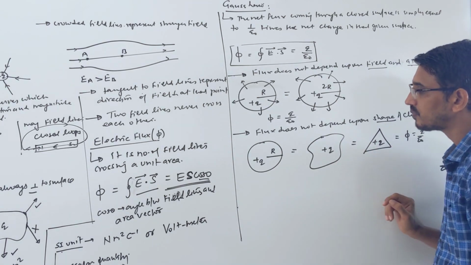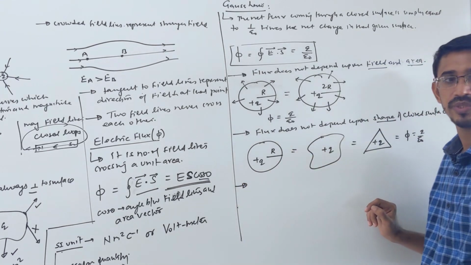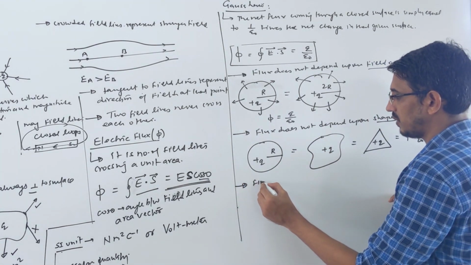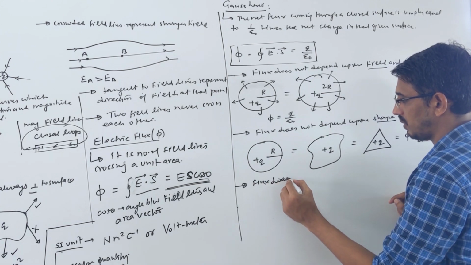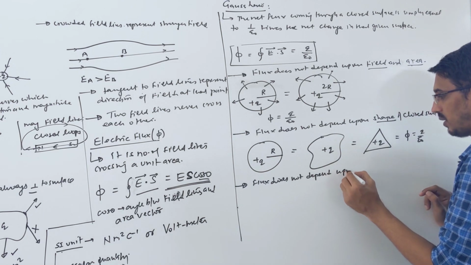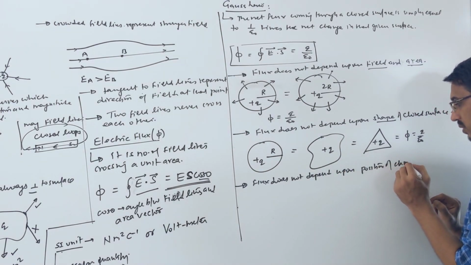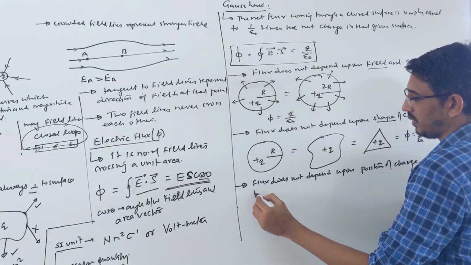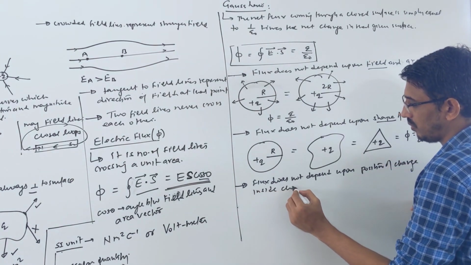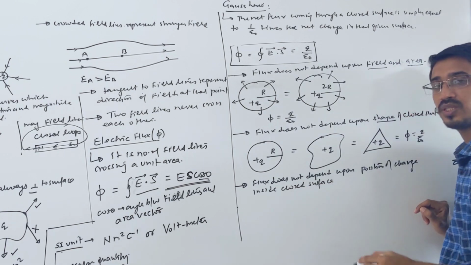Also, it does not depend on where you put the charge. Flux does not depend upon the position of charge inside the closed surface. Where you put the charge, it also does not depend on that.